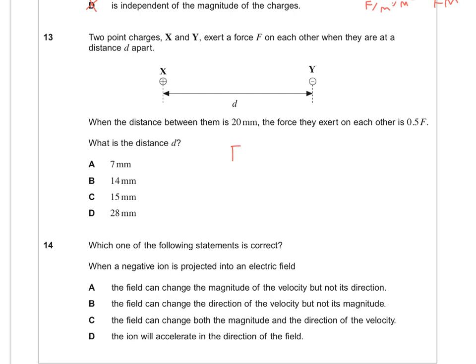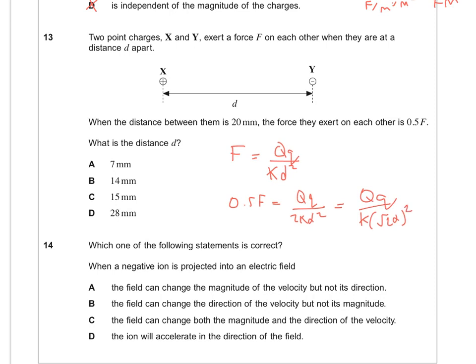So force F is going to be QQ over constant times D squared, therefore 0.5 F is going to be QQ over 2K D squared, which we can also write as QQ over K root 2D squared.